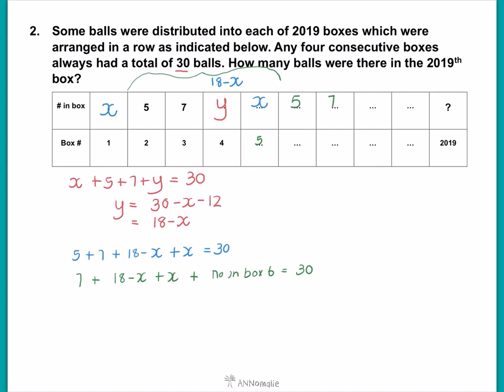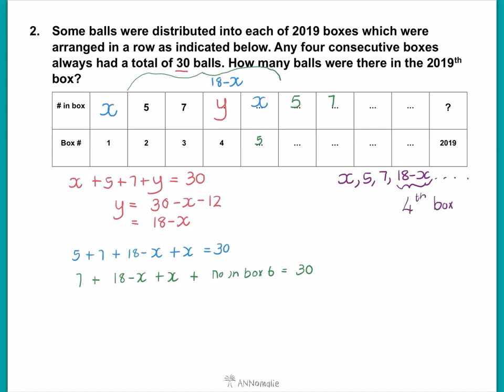And the pattern continues like this: x, 5, 7, etc. So the pattern is a pattern of 4: x, 5, 7, 18 minus x, and the pattern repeats again: x, 5, 7, 18 minus x. So in every 4th box, I will have 18 minus x balls. Every 4th box.